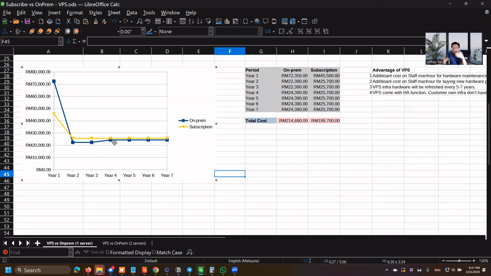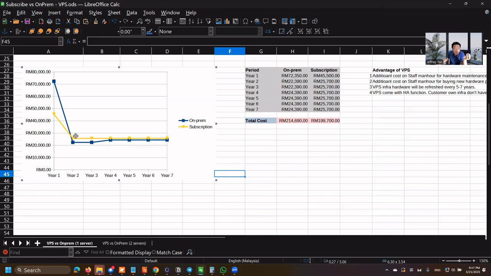The reason it happened this way is because for the first 3 years, when you buy a new server, the manufacturer will give you a warranty for 3 years. After the 3 years, you might need to spend a little bit more, maybe for wear and tear. You need to buy some spare parts. So that's why the cost will go slightly higher.